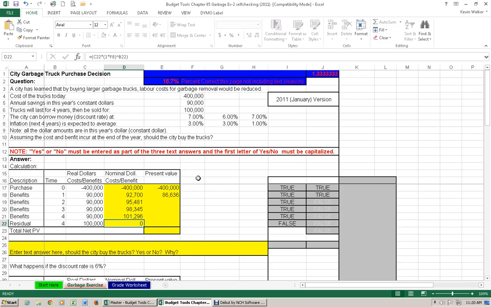F9. All right, plus C22, which is this, times 1 plus F8, raise the power 22, which is the number of years. It should not come up 0.